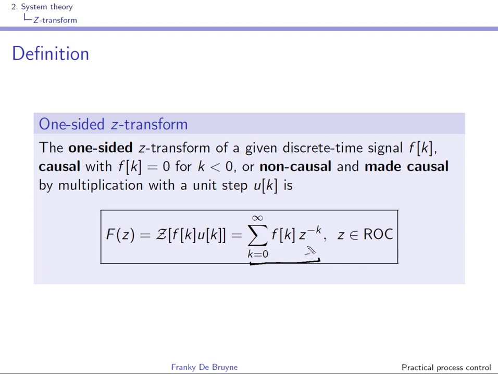Of course, there is also associated to this a region of convergence. Using this definition of the Z transform, you can construct a table of Z transforms. I'm not going to insist on this in this course because we'll not work with the Z transform that often. I can hear that some of you are happy, but if you insist, you can have a look at the course on signals and systems that is available online.